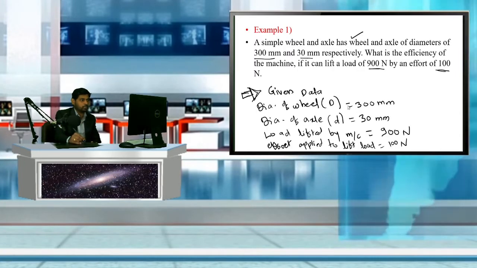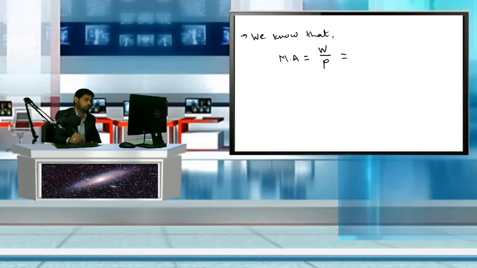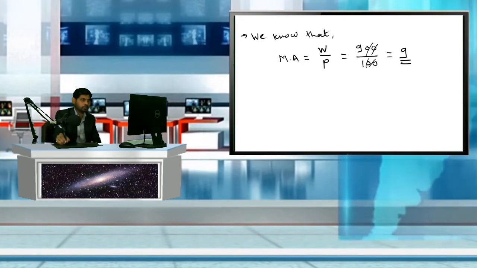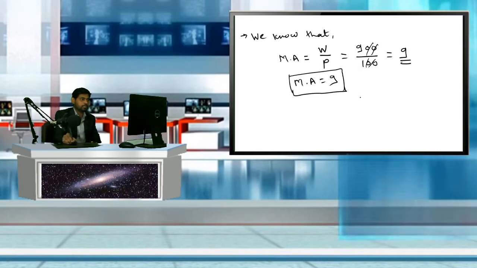So here the value of W is 900 and value of effort is 100. So W, 900 Newton, divided by 100 Newton, both zeros get cancelled, so 1 9 is 9. So value of mechanical advantage is 9. These are the two values we have found here.